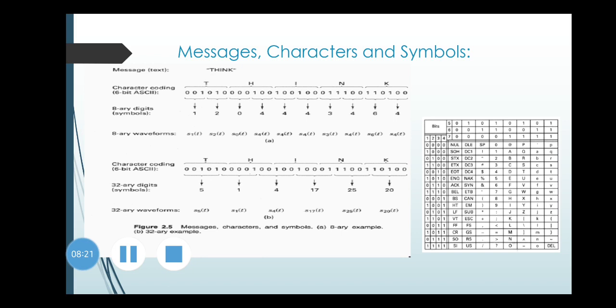Here it is 6-bit ASCII, so I have to refer to only 6 bits from bit number 1 to bit number 6. The letter T is represented as 001010, letter H as 000100, and so on for your I, N and K.